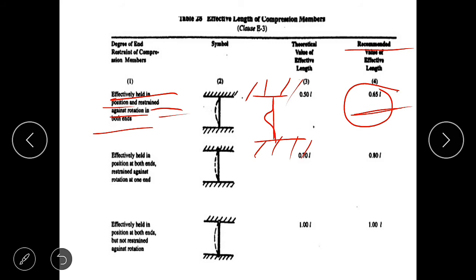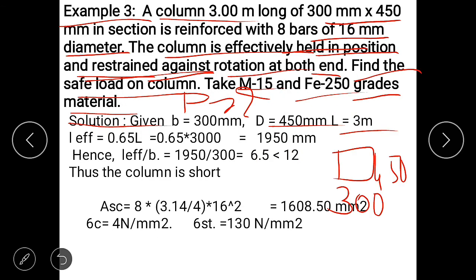It's not the total length; this length is 0.65 L. So 0.65 into L, where L is 3 meter, that is 3000 mm. So 0.65 into 3000 is 1950 mm.